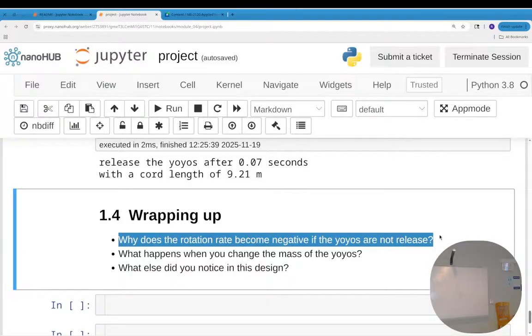Does that have something to do with potential? Is there a difference in potential energy anywhere here? It's conservative. Okay.